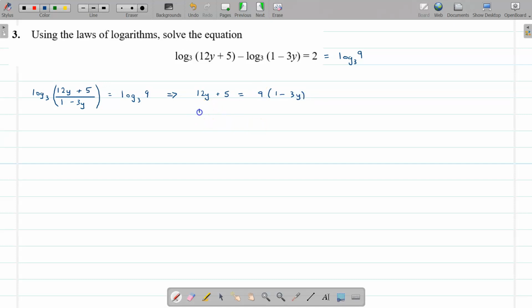Multiply out the brackets. 12y plus 5 is equal to 9 minus 27y. Rearrange that to give me 39y equals 4, and therefore y would be 4 over 39, and that's the answer.